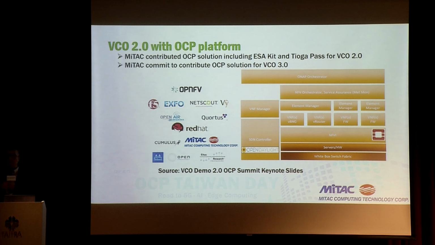When those new features come in and run on the hardware, is there any modification or enhancement we need to keep making and contributing to the existing OCP design, especially the hardware or firmware layer? I think maybe. So we need to keep collaborating with the Linux Foundation for the coming demo for VCO 3.0.